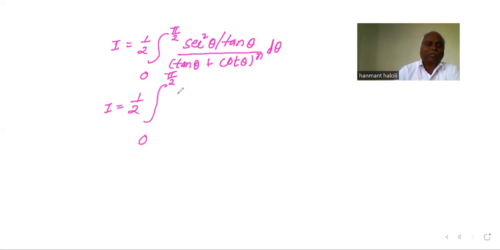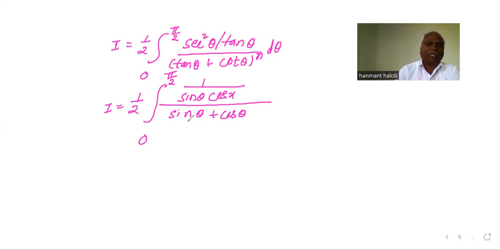For converting them into sin and cos, the numerator becomes 1 upon cos square theta, and the tan gives cos upon sin. Cos gets cancelled, and you get sin theta cos theta left from the numerator. Here again, converting, we get sin theta plus cos theta.